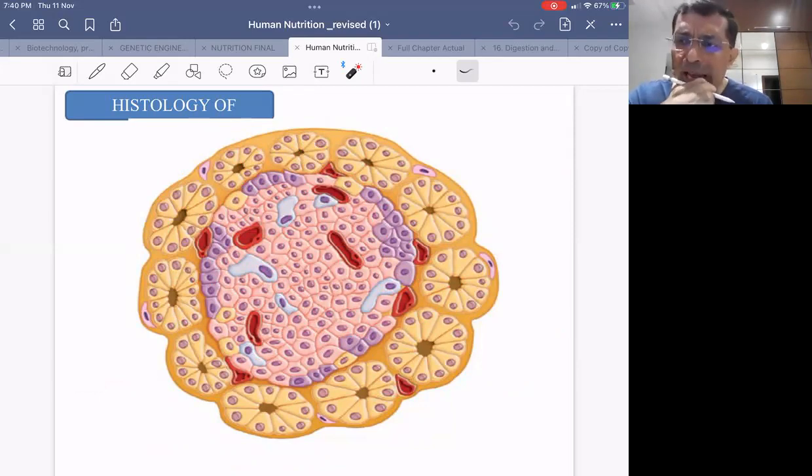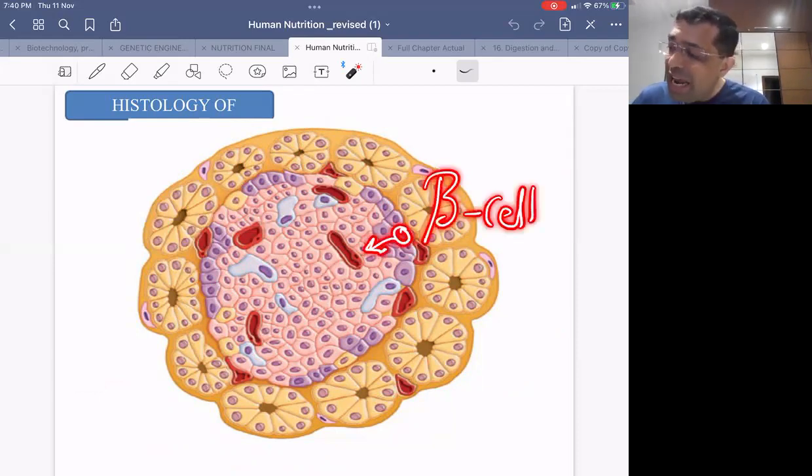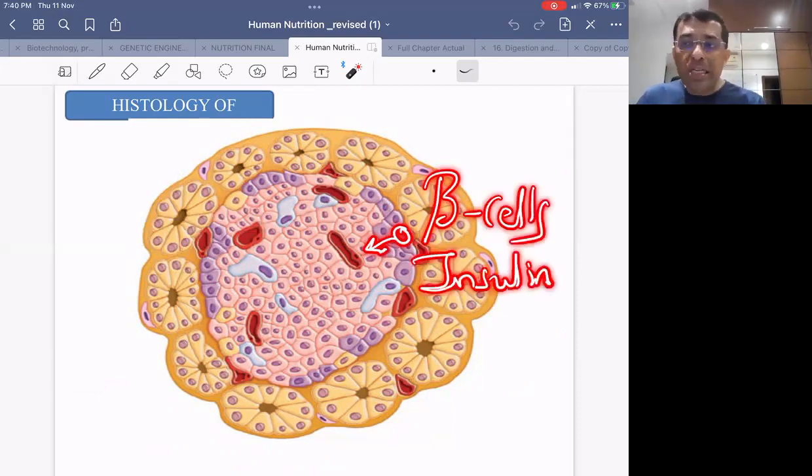Sir, if somebody is having deficiency of insulin synthesis, beta cells agar insulin nahi bana rahe hai, then you eat high sugar diet and your blood sugar levels will increase.